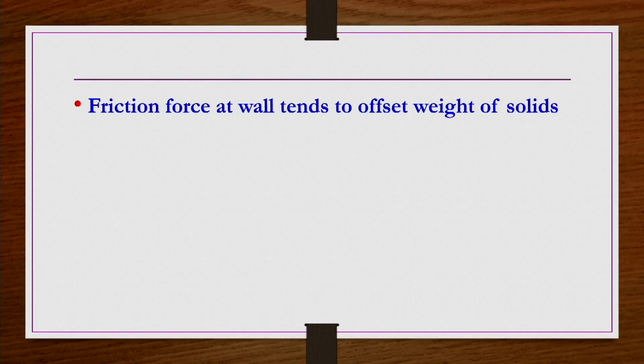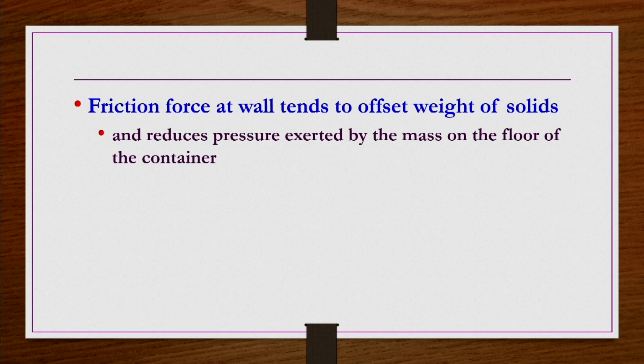Then, friction force at the wall tends to offset the weight of the solids in general. The weight of the solids may be very high, but because of this friction at the wall, the weight of the solids is slightly offset, and it reduces the pressure exerted by the mass on the floor of the container. So that way it is beneficial.